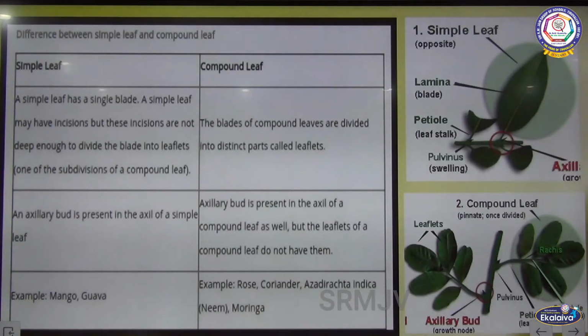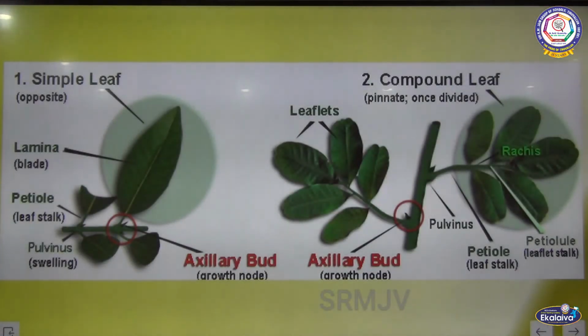Simple leaf you can see in mango and guava, and compound leaf you will find in moringa and neem. So, you can see the enlarged picture, where you find the axillary bud at the base of the petiole, that is a simple leaf, and if you find the axillary bud at the base of the rachis, not at the base of the leaflets, you call it a compound leaf.